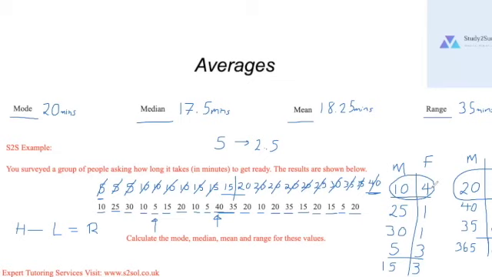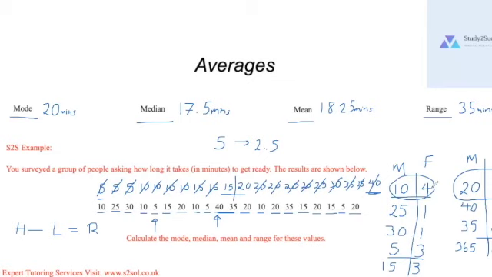We completely disregard all the other information and their frequencies because of the information that has the highest amount. So as we can see here, there are positives and negatives to using the different averages. And what some questions may ask you to do is they might ask you to explain which average is the best to use in that situation, in which you will need to make sure that you look at the data set and analyze what the question is asking of you.